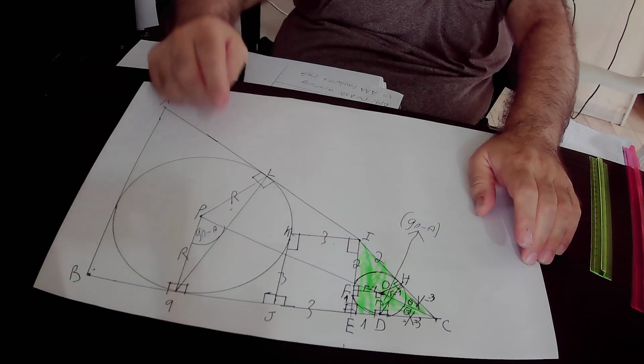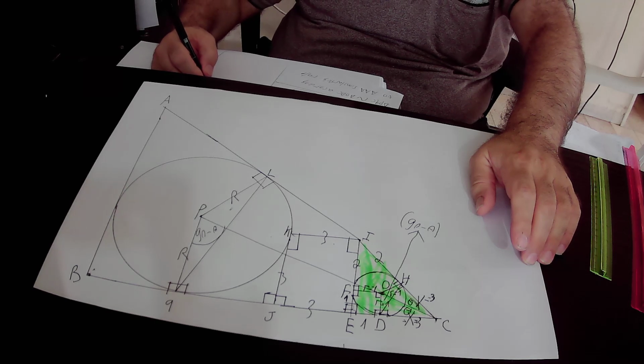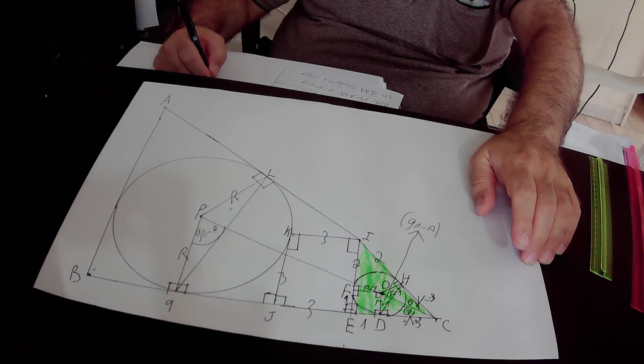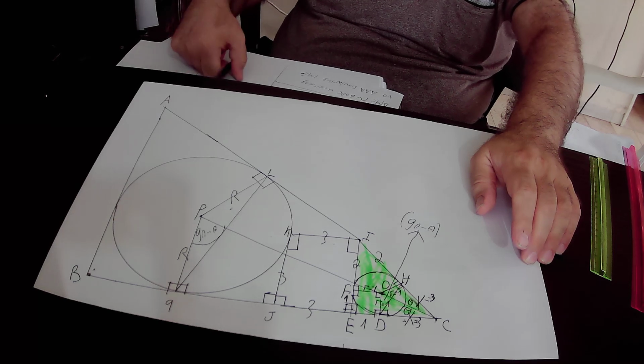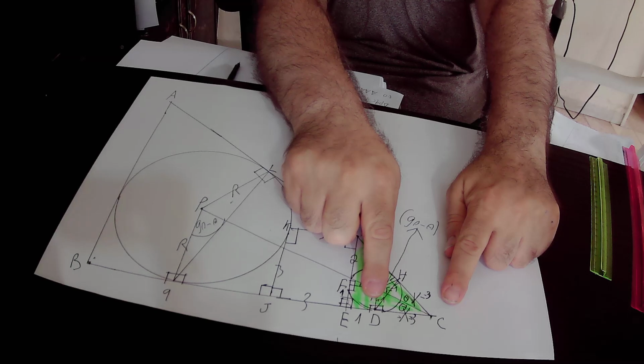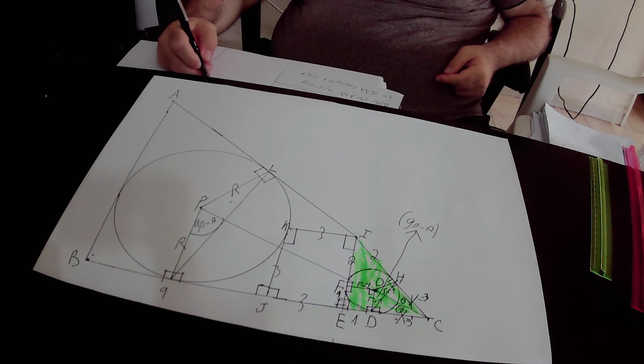So QC equals 7 plus QJ. So I substitute QC by 7 plus QJ over DC. What is the value of DC? Here DC equals X, that is equal to 3 units. So I substitute DC by 3.